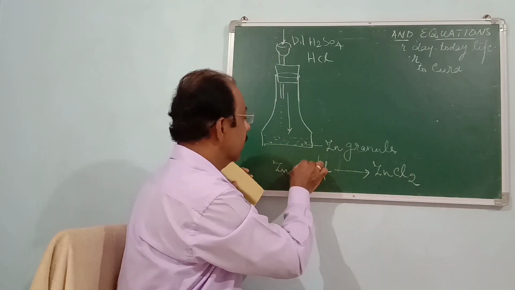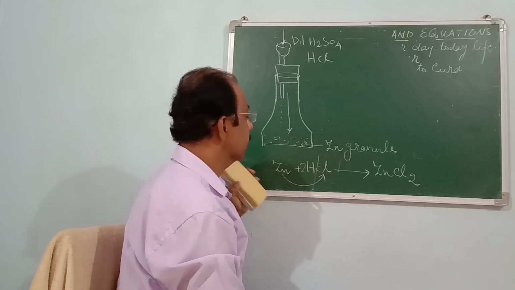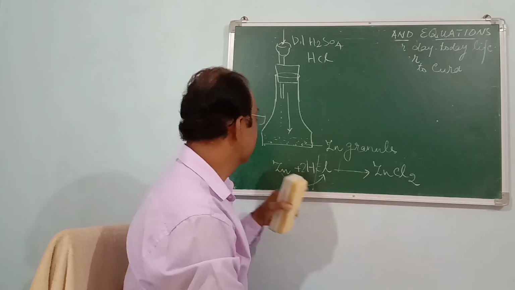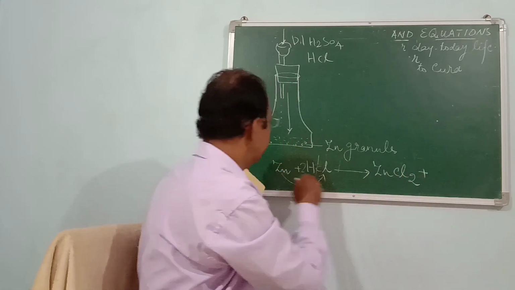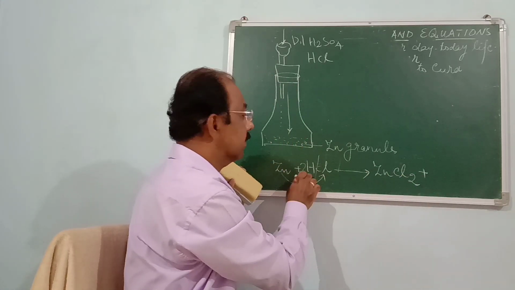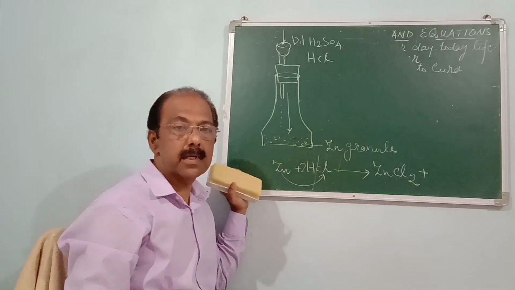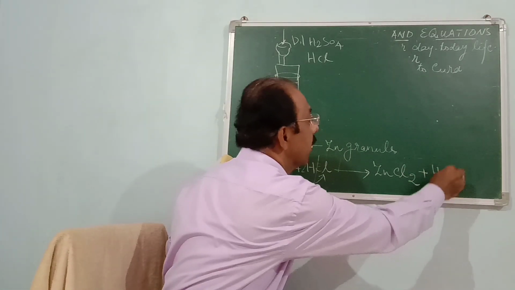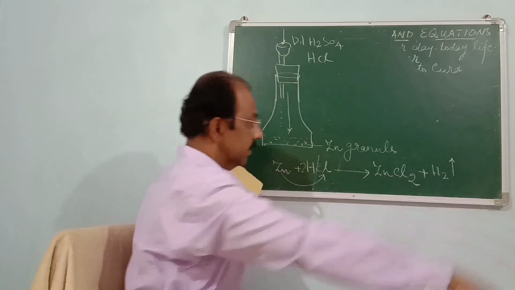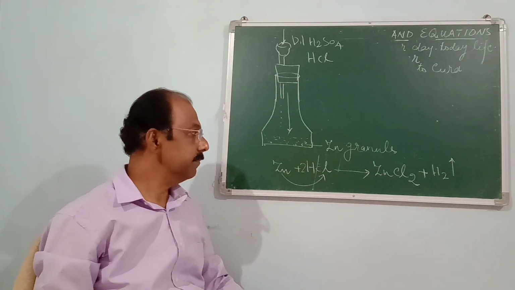So we get the clue that here there should be 2 as a multiple to balance this chlorine. So zinc chloride is formed and what is left? 2 hydrogen atoms are left, and these 2 hydrogen atoms form a molecule of hydrogen. And this hydrogen gas is evolved during the chemical reaction.